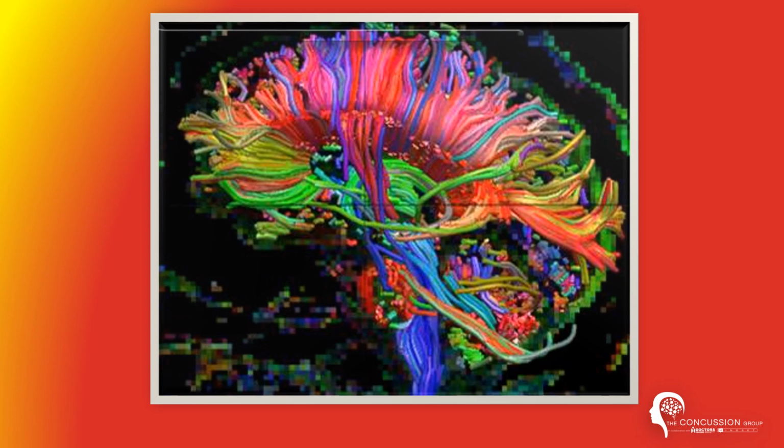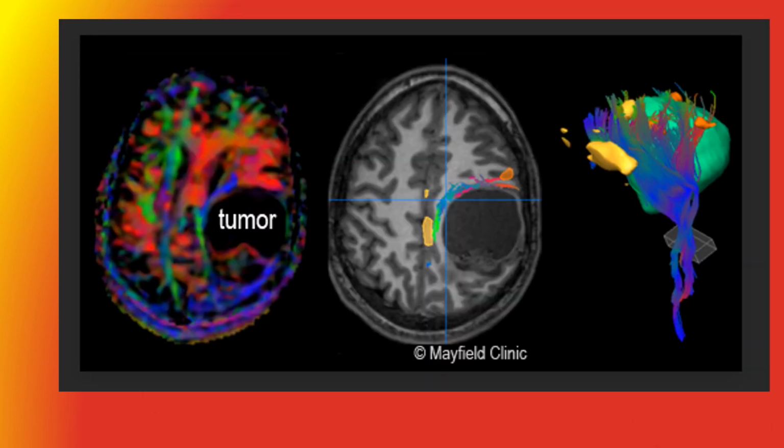Neuroradiologists use tractography to look at pictures and help plan surgery for tumors, abscesses, and other brain abnormalities. But remember, the radiologist is still looking at a picture. Here you can see how the tracts may be displaced by a mass in the brain. Again, looking at the picture.